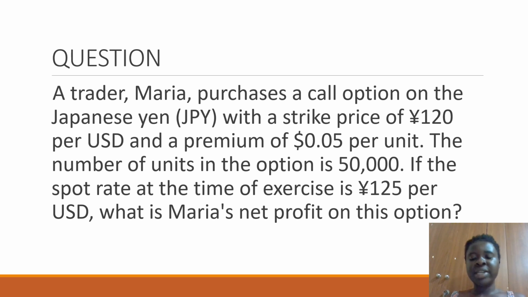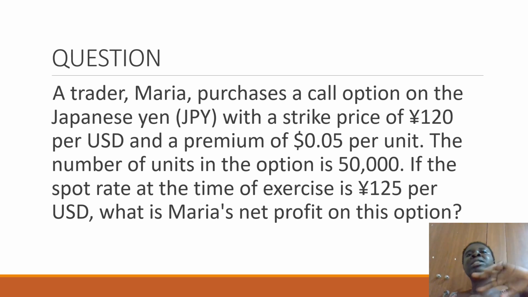You just find the rate, the same way you find the spot rate. If $1 is 125 yen, how much would 1 yen be? How much would it cost Maria to pay for just 1 yen in dollars?